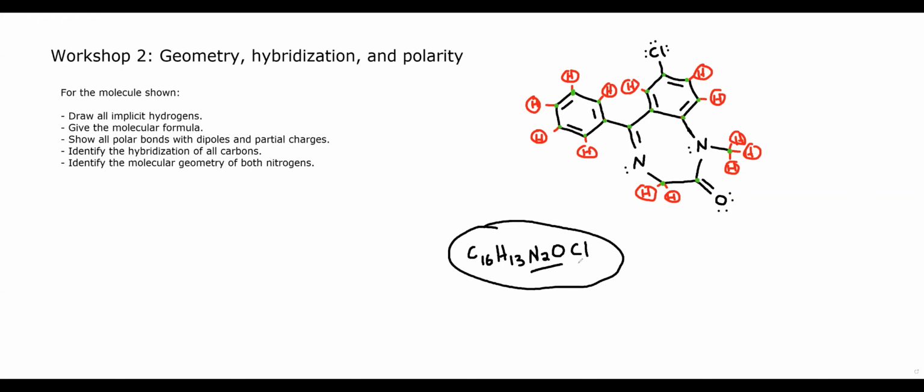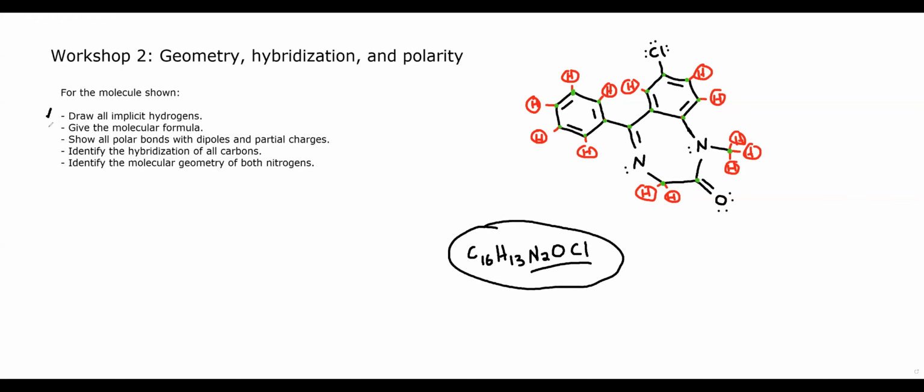I don't really care too much about the order of the other atoms, although some professors do have issues with orders and sometimes they like a specific order. But for me, I just put C and H and then all the other atoms at the end in some order is fine. Okay, C16H13N2OCl.